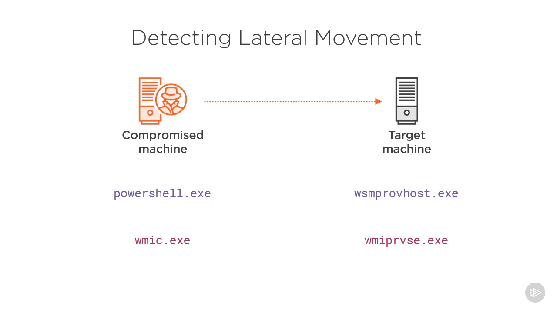There is a similar example for WMI. On the compromised machine, we can identify the WMIC process, whilst on the target machine, we can correlate this with the WmiPrvSE.exe process. The JP-Cert resource provides much more data of such indicators that can be codified into the SIEM.